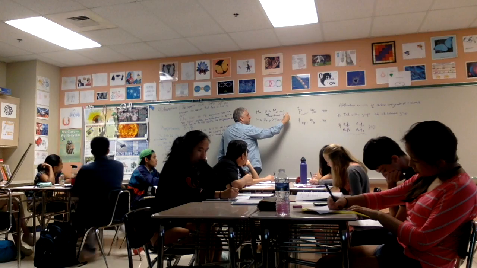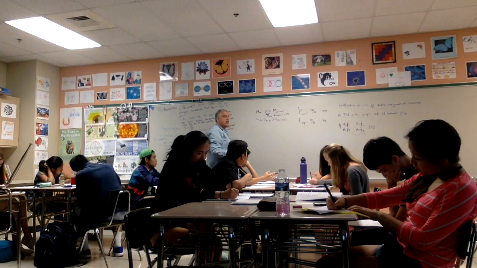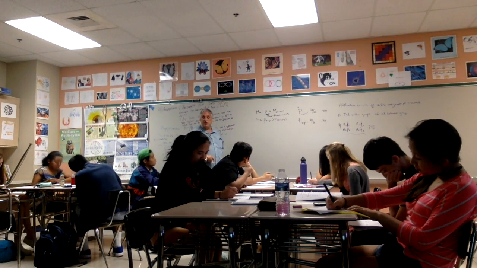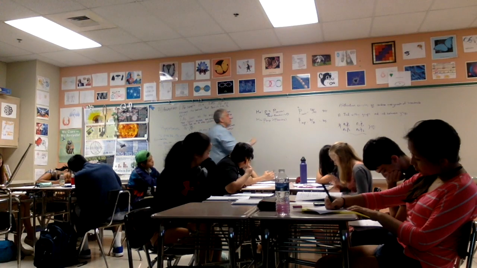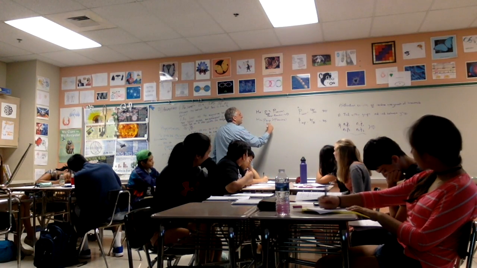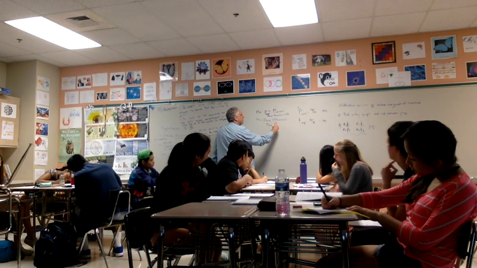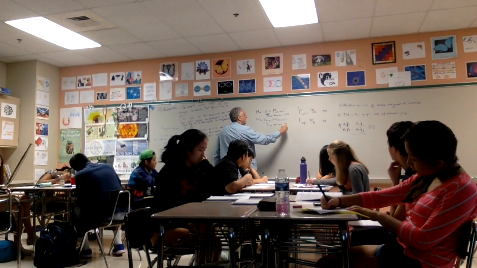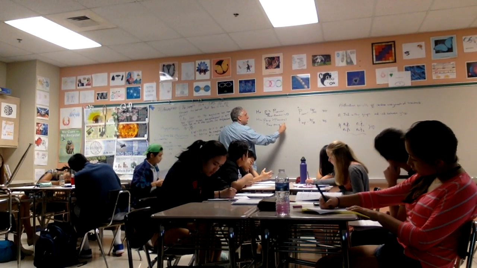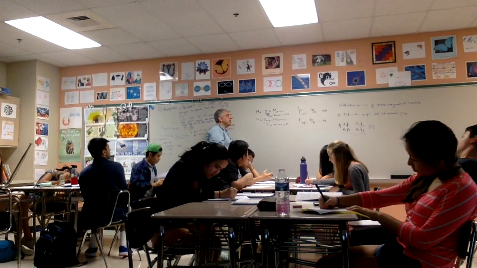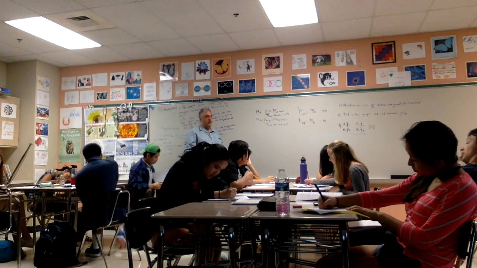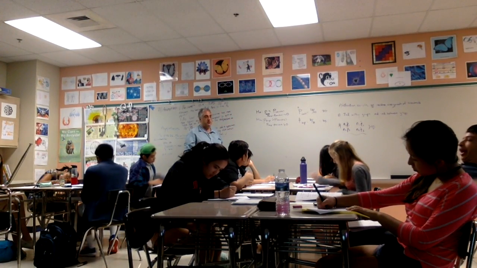Equals 0. There's my number for the middle of my sampling distribution. P experimental minus P control is greater than 0. That's the solution to all this.